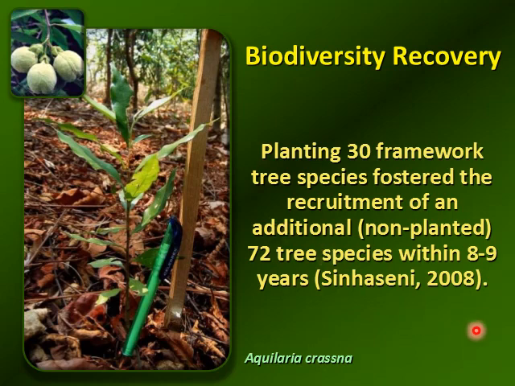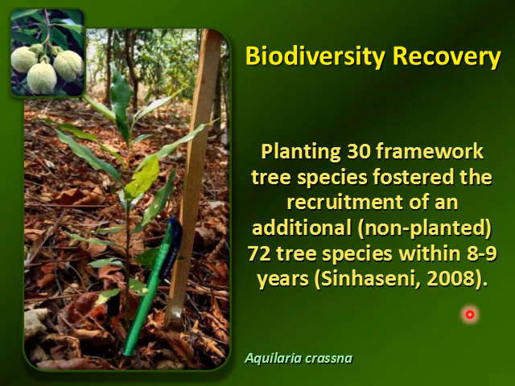And in our experiments, the next question is, all these animals coming in, do they actually plant additional recruit species? The work of one of my master's students, Kimim Sinhaseni, in 2008.